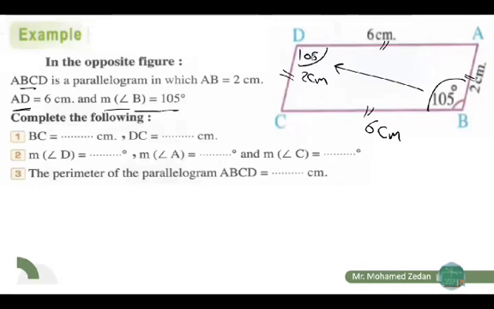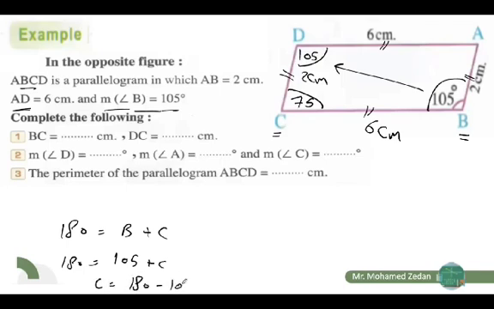Continue. Two adjacent angles. If angle B equals 105, that means angle C equals, excellent, 75. The sum of two adjacent angles equals 180. Look, 180 equals angle B plus angle C. Angle B equals 105, plus C equals 180. That means C equals 180 minus 105, which is 75.